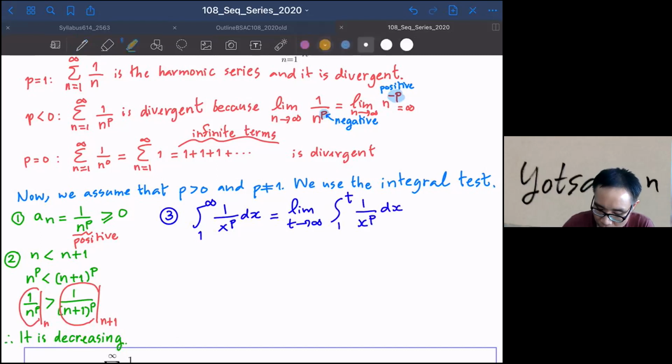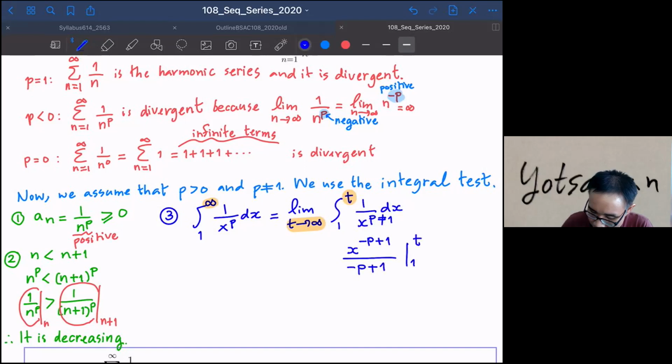We use the limit definition in order to deal with this improper integral. Then you just integrate this. Since p is not equal to 1, it's x to the power of negative p plus 1, over negative p plus 1, from 1 to t.